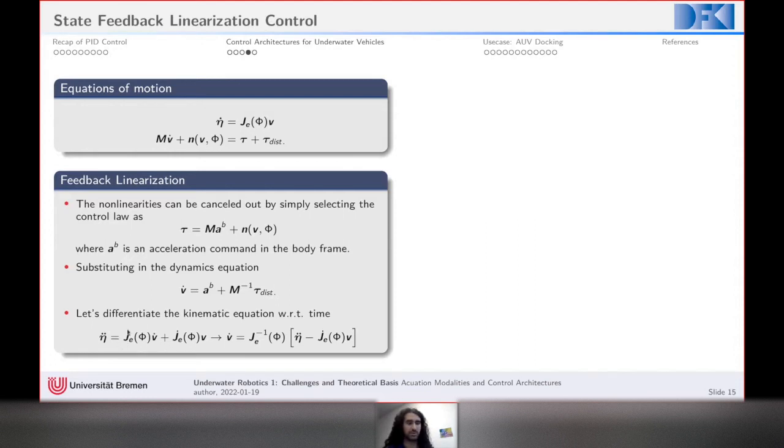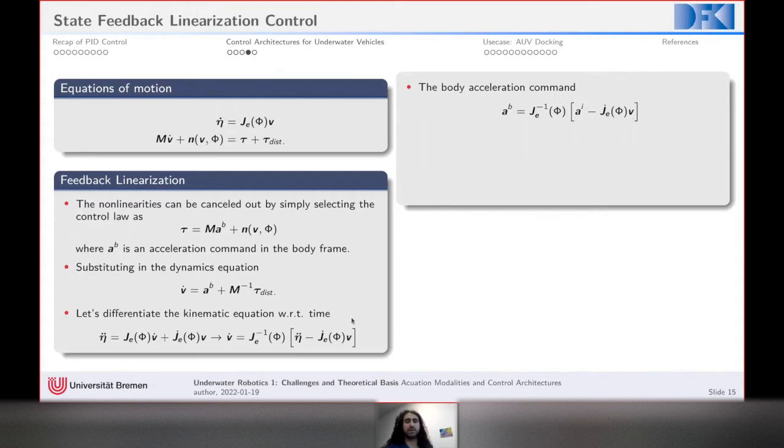So the transformation J multiplied by V dot, plus the derivative of J itself multiplied by V. This means that V dot is just the inverse of this transformation multiplied by the acceleration in the inertial frame minus the derivative of the Jacobian of this transformation multiplied by the velocity.